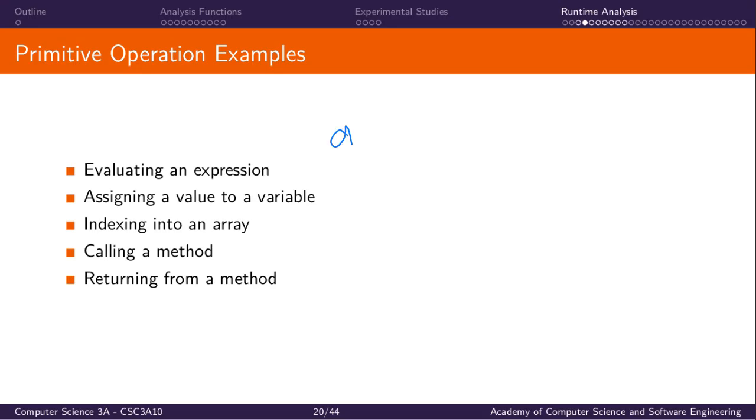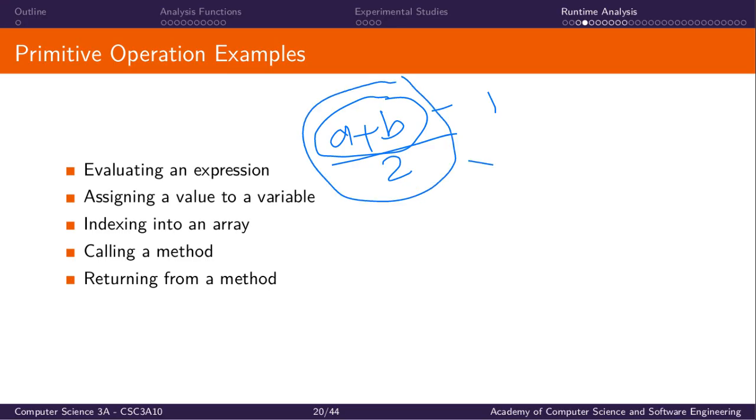If we have something like (a + b) / 2, we will understand that there are two operations being evaluated here. So we'll say that this is a single primitive operation. And once that has been evaluated to some value and divided by 2, that is another primitive operation.